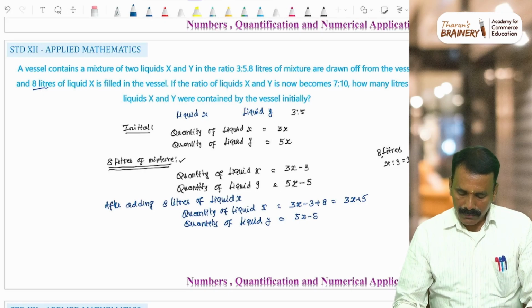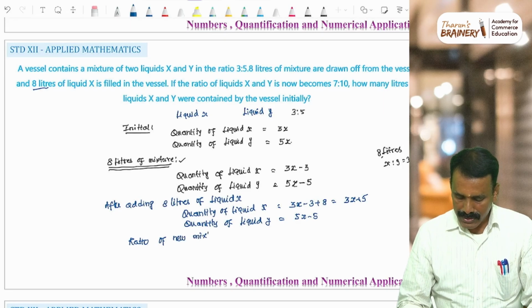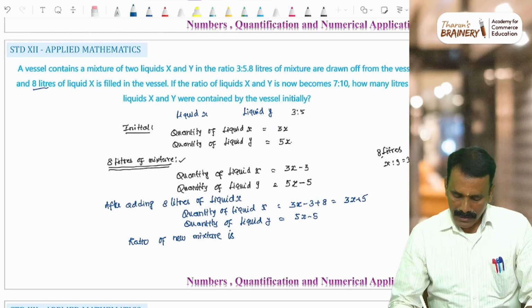Now the ratio of the new mixture they have given to us. Ratio of new mixture is 7:10.